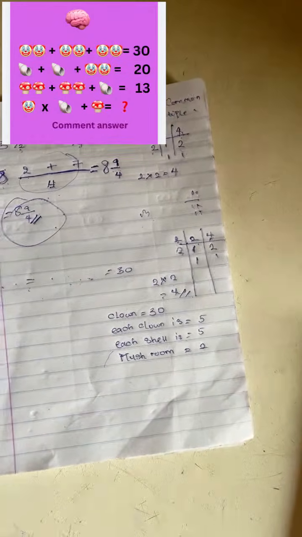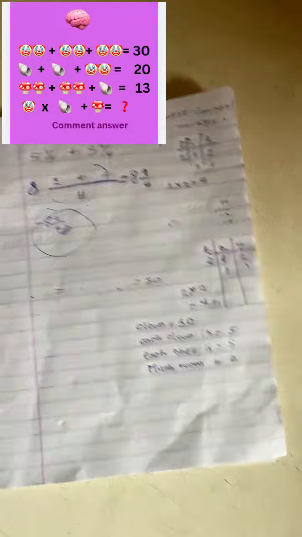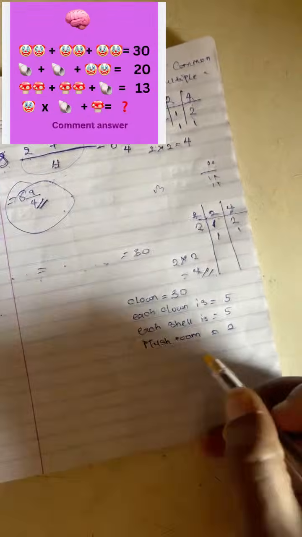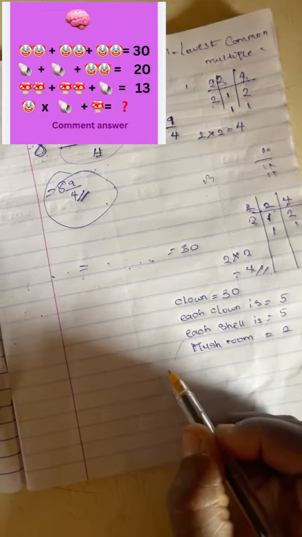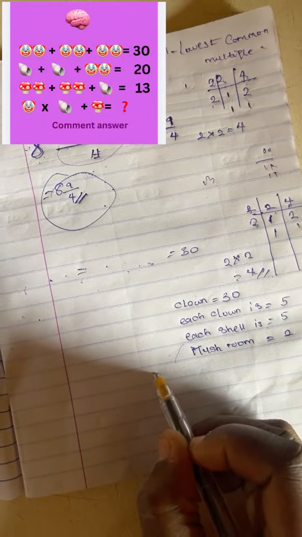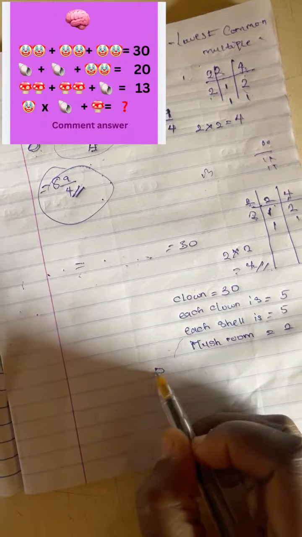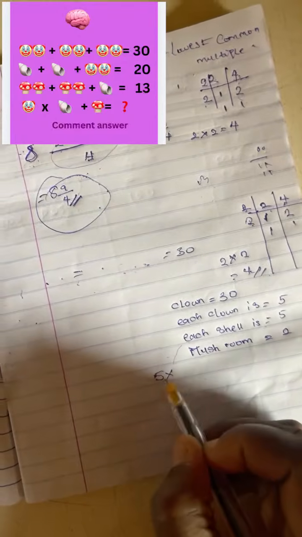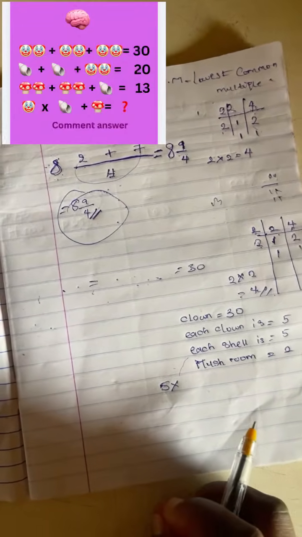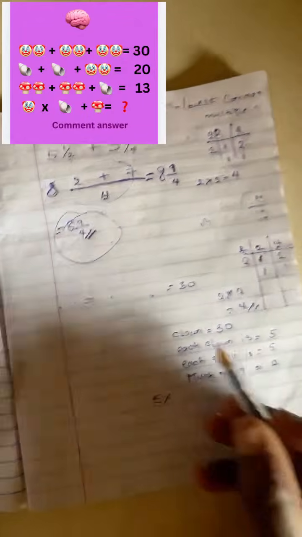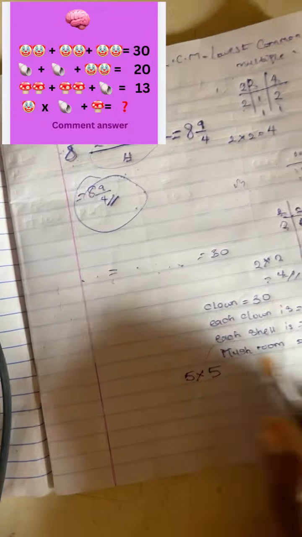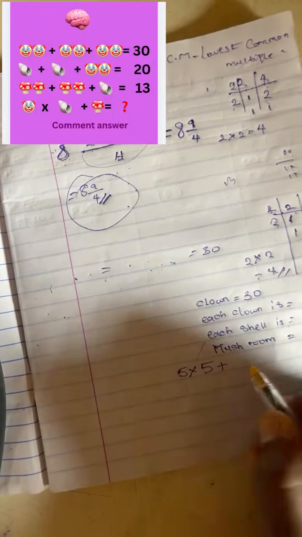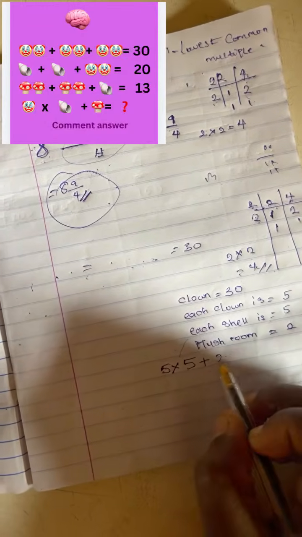And now we know that each clown is 5 times shell, which is 5, plus mushroom is 2.